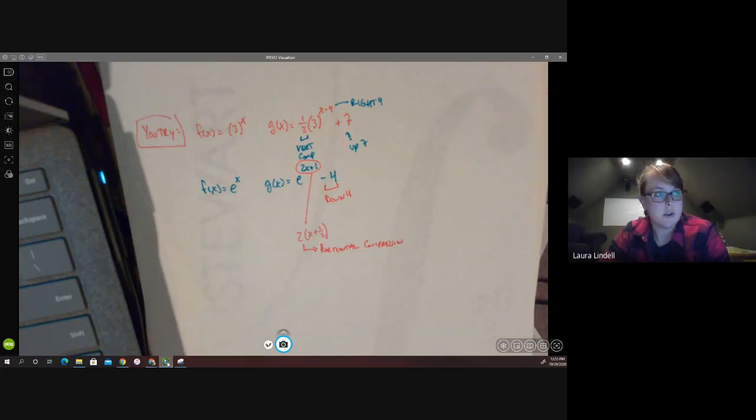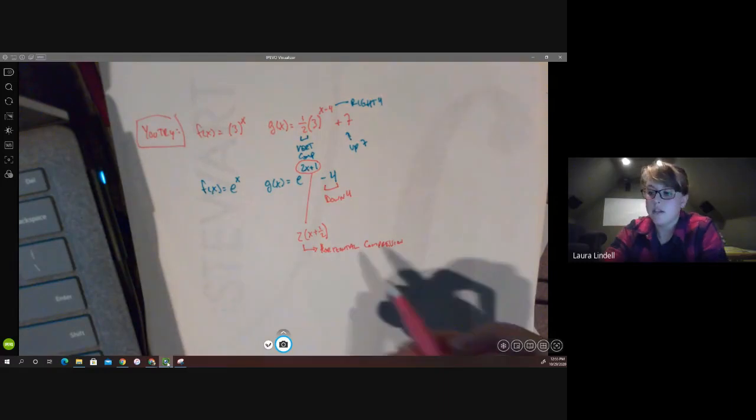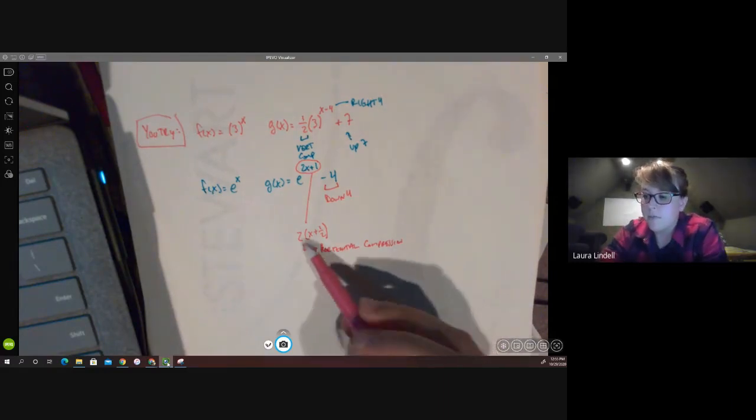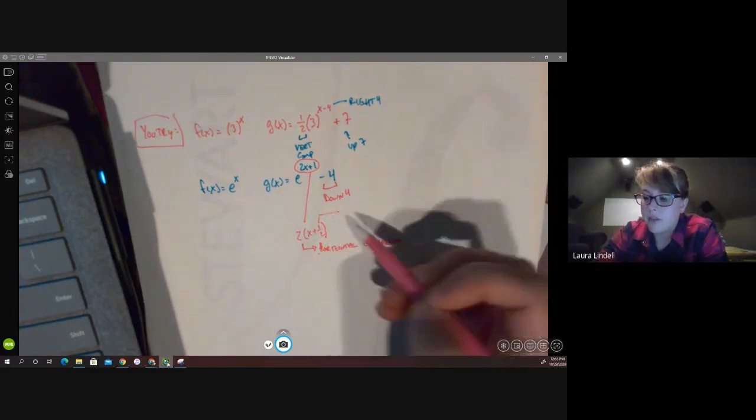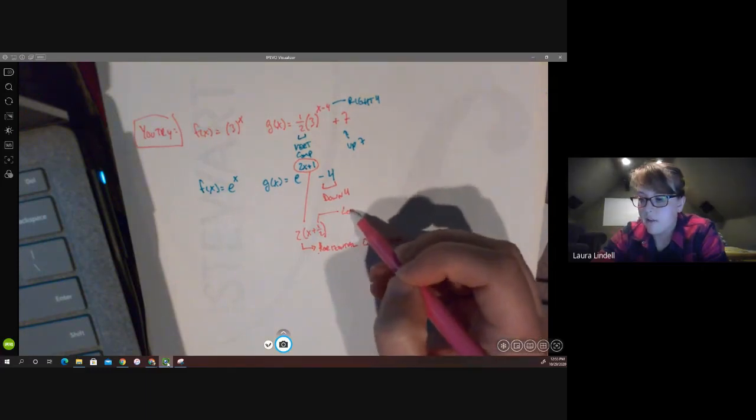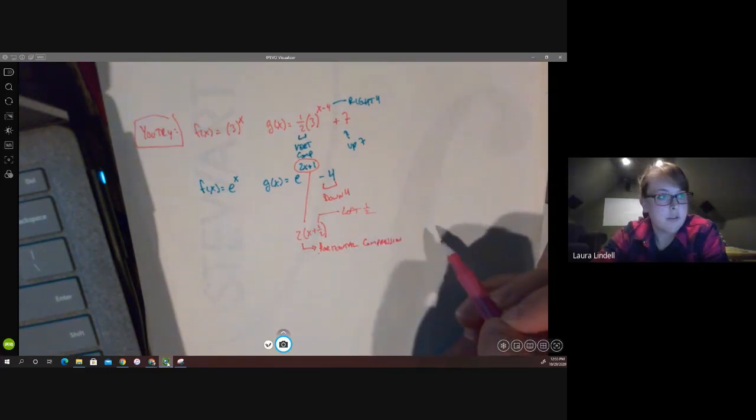If it was between 0 and 1, then it was horizontal stretching. So this is horizontal compression here. And then the plus 1/2 is just telling us that it's going left 1/2.